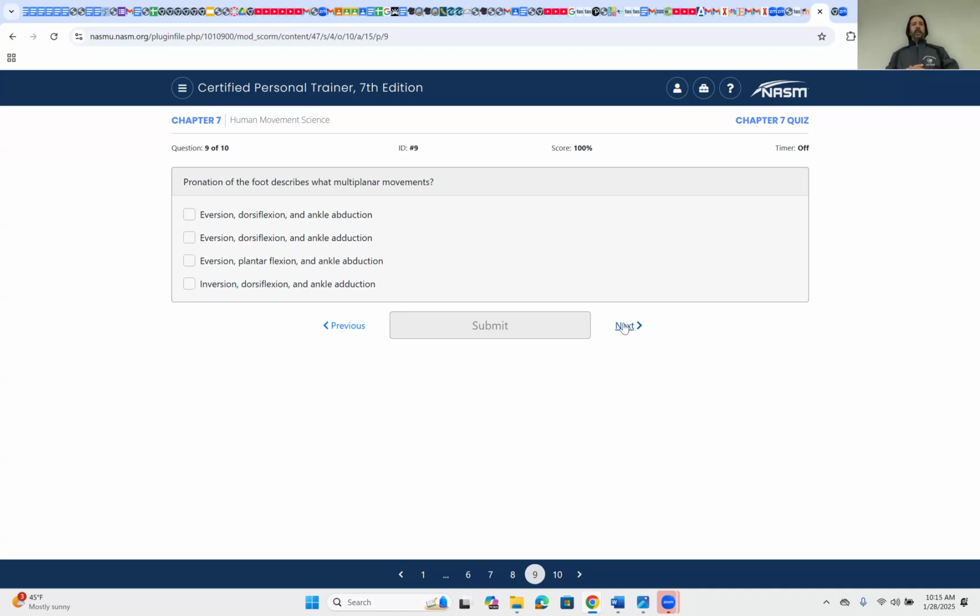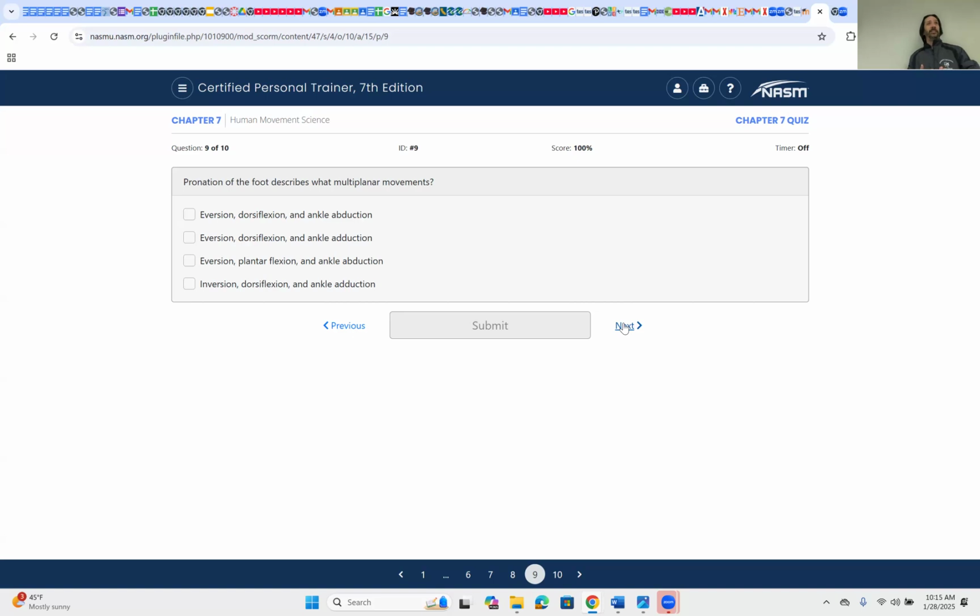There's three left: inversion dorsiflexion, or inversion plantar flexion and ankle abduction. So we're going to go dorsiflexion. Okay, so now we're going to cut it down to two. Ankle eversion dorsiflexion, ankle adduction or abduction. What do you think?